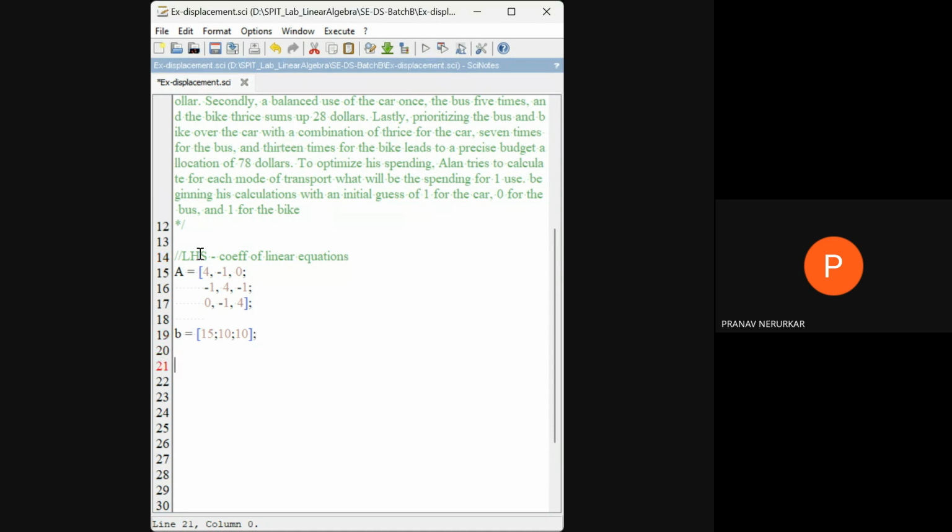B holds the right hand side of the system of linear equations. Now this right hand side is just a single column. So I have written in the form of vector. Left hand side is a square matrix. So it is written in the form of rows and columns.